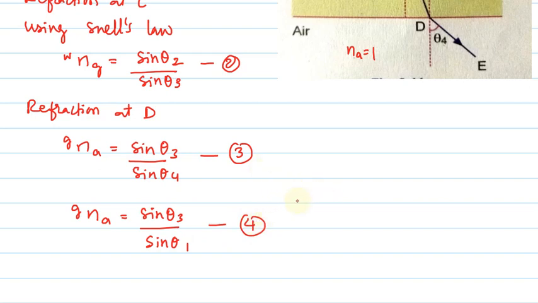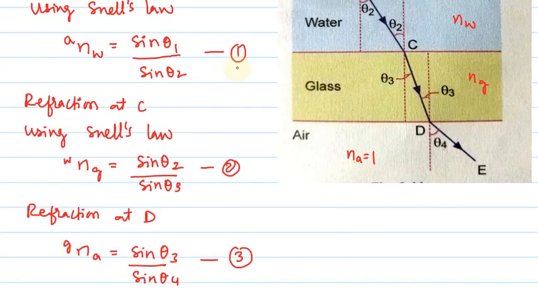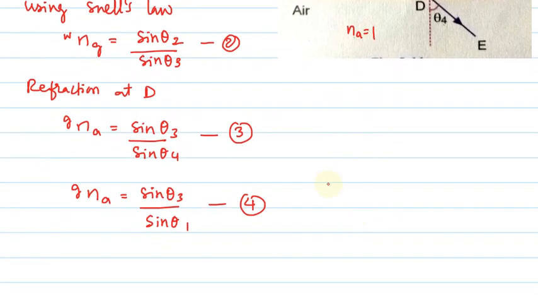Now multiplying the left hand sides and the right hand sides of equation 1, equation 2 and equation 4, we can write refractive index of water with respect to air, into refractive index of glass with respect to water, into refractive index of air with respect to glass.